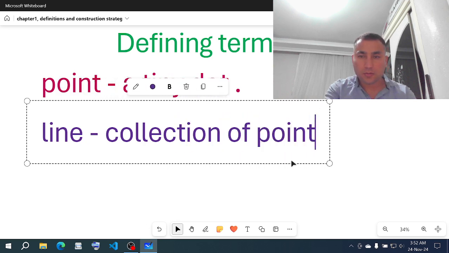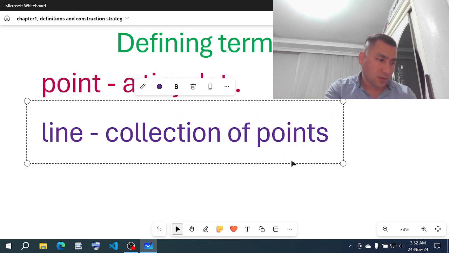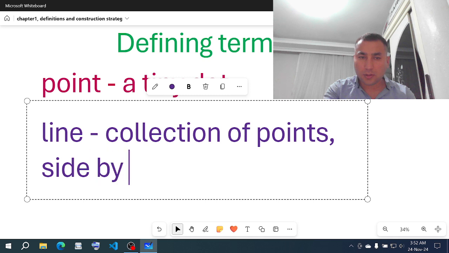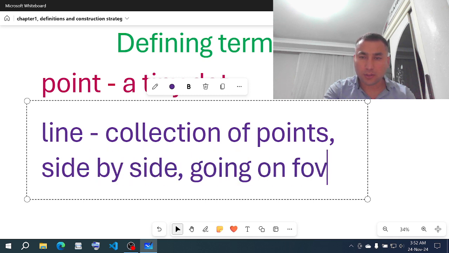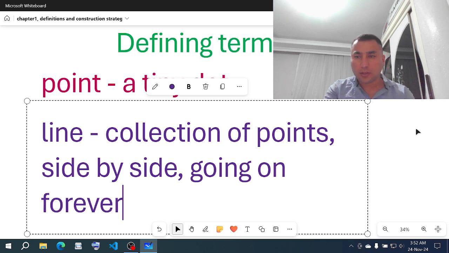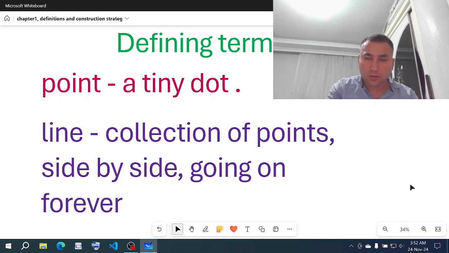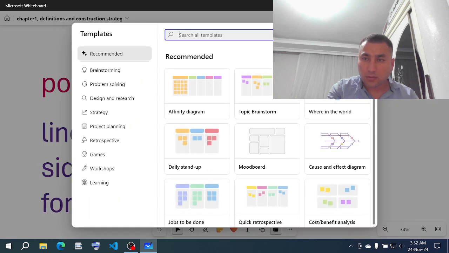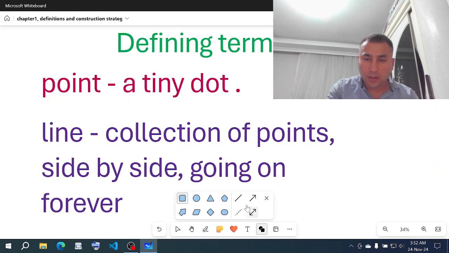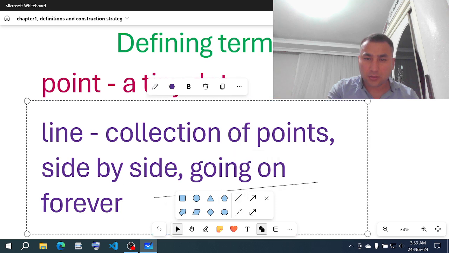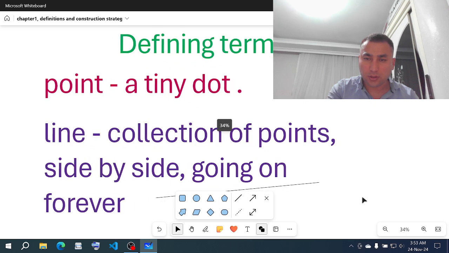That's a line. So how can we draw it? Yeah, this is a line, like this. It's a collection of points.